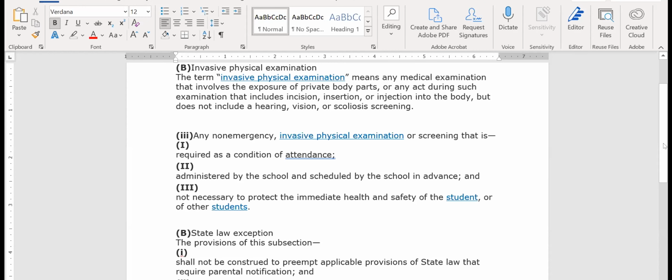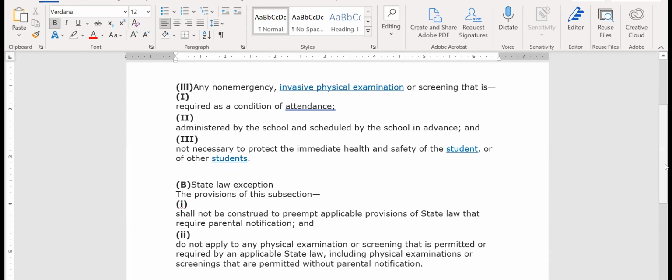On top of all of that, as we talk about vaccinations, there is a state law exception, and you can see it here in B2. These do not apply to anything that is either permitted or required in state law. State law, as you're aware, has various requirements regarding vaccinating students, not specifically COVID immunizations, but I actually got the notification from my soon-to-be 7th grader's school, saying we need to have these vaccinations on record in order for your kid to attend.